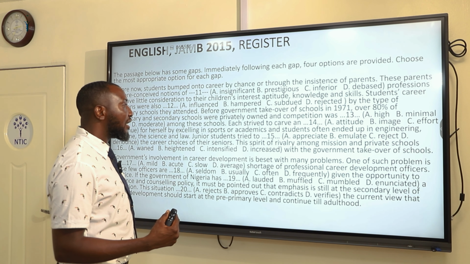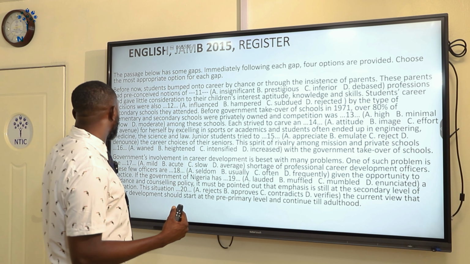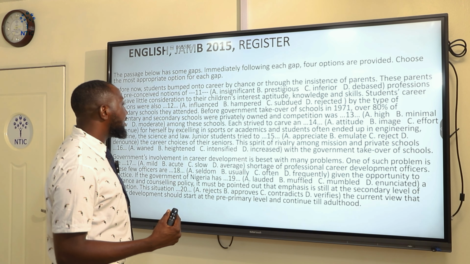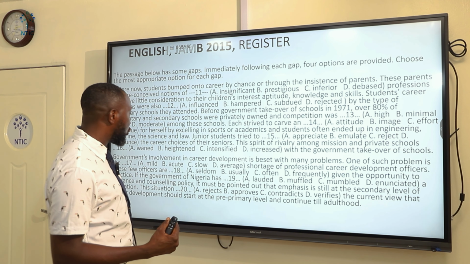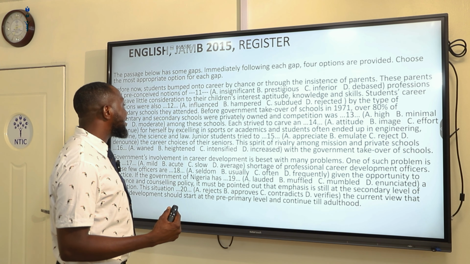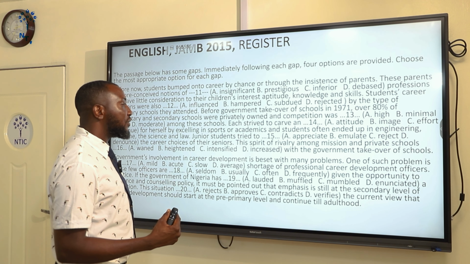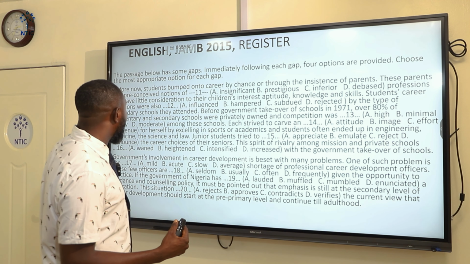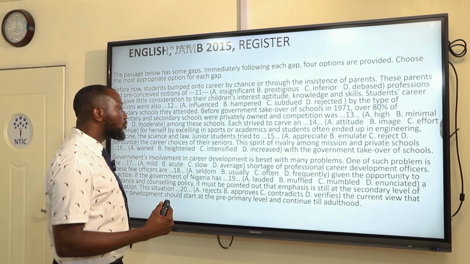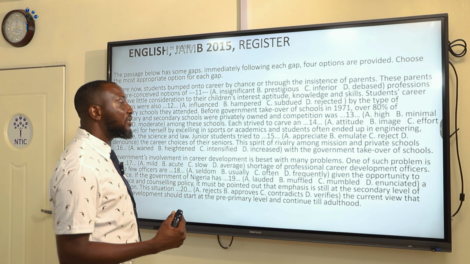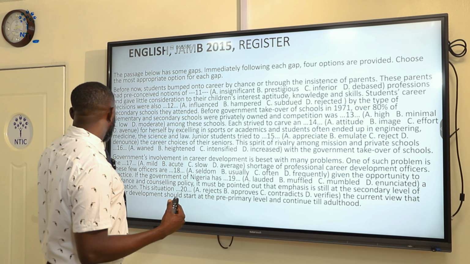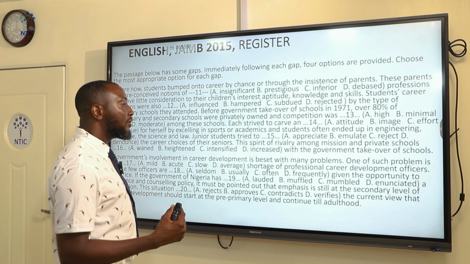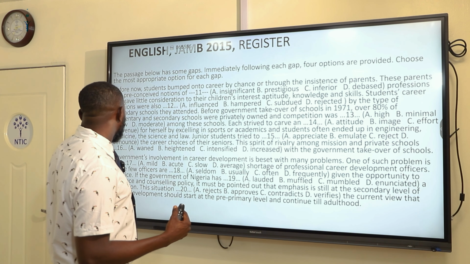Junior students tried to appreciate, emulate, reject, denounce the career choices of their seniors. This spirit of rivalry among mission and private schools waned, heightened, intensified, increased with the government takeover of schools. Government's involvement in career development is beset with many problems. One of such problems is the mild, acute, slow, average shortage of professional career development officers. These few officers are seldom, usually, often, frequently given the opportunity to practice.